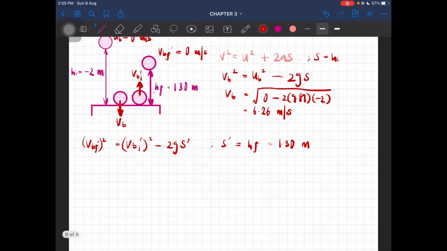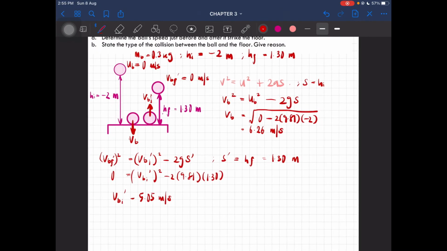Now we can find the speed after it strikes the floor. So 0 equals what we are looking for squared, minus 2 times 9.81 times 1.3 meter. You then get the velocity just right after it strikes the floor to be 5.05 meter per second.